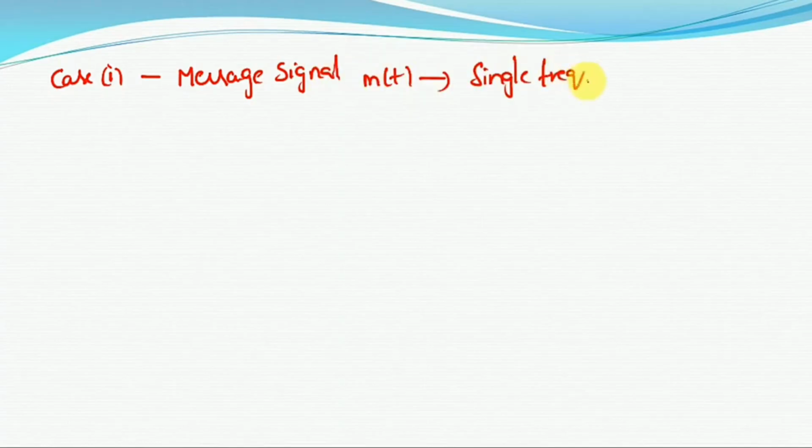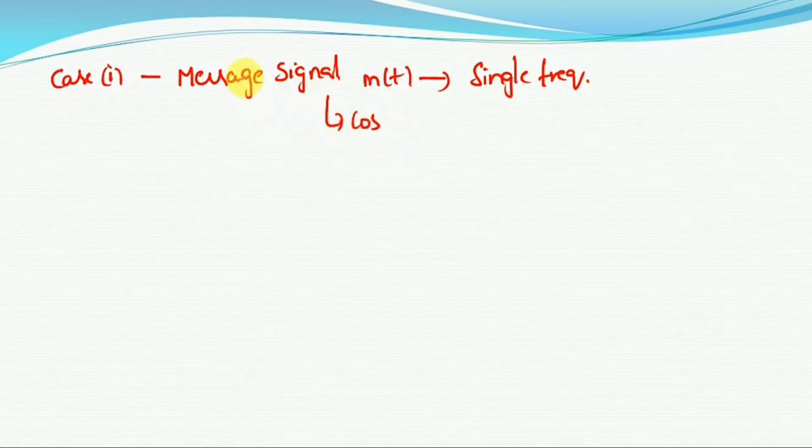So I am considering case 1, that is, the message signal m of t has a single frequency. Here the message signal, too, we are assuming as a cosinusoidal signal.